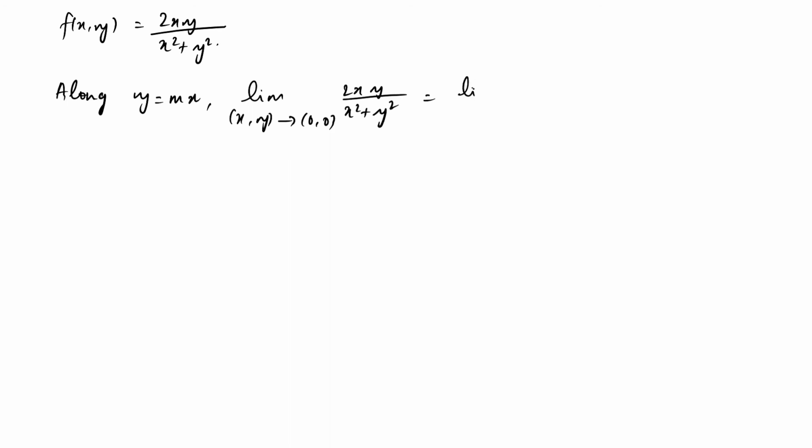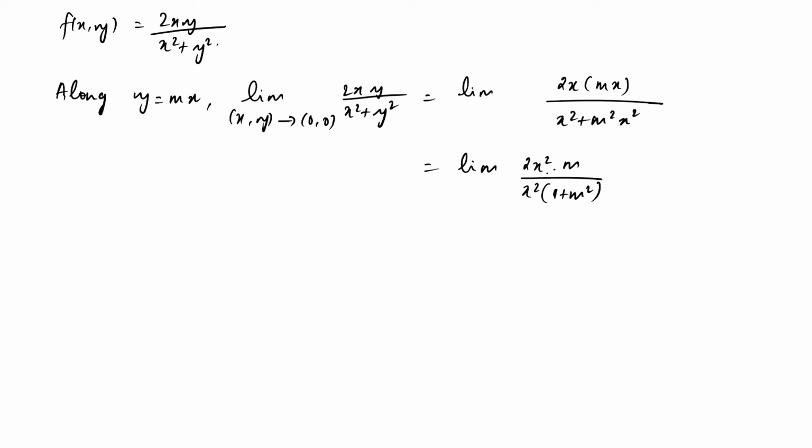So that is the limit of 2 times x, with y replaced by mx, upon x squared plus m squared x squared. From this let me take x outside. So this is 2x squared multiplied with m upon, in the denominator also taking x squared outside, 1 plus m squared, and this x squared may be cancelled.